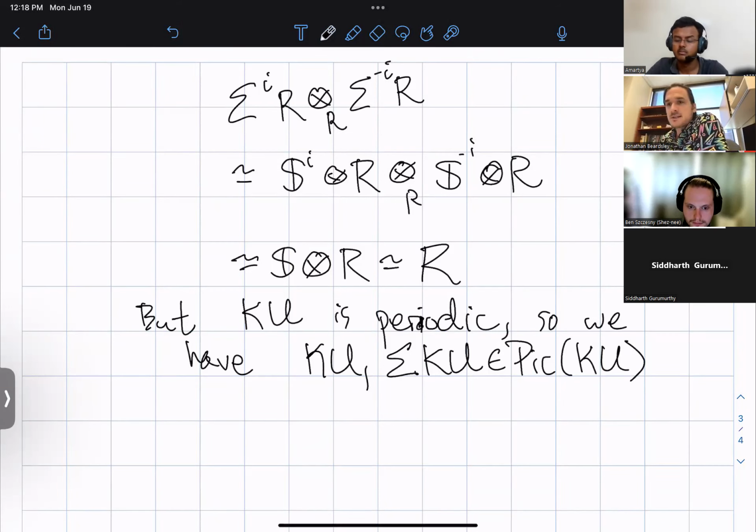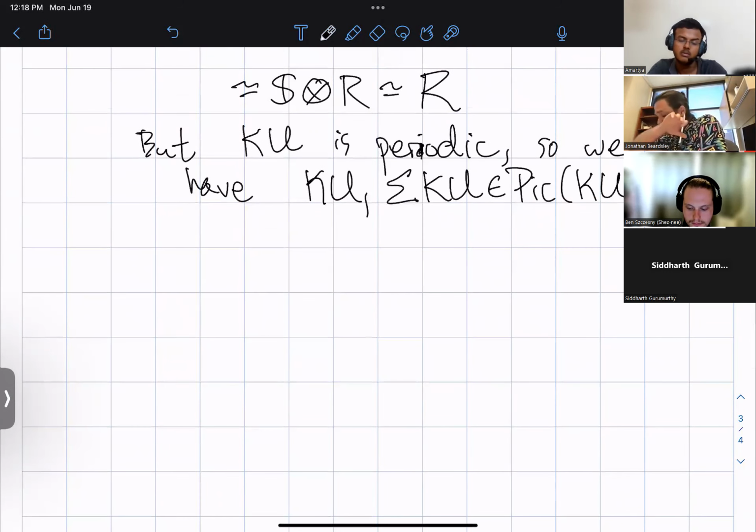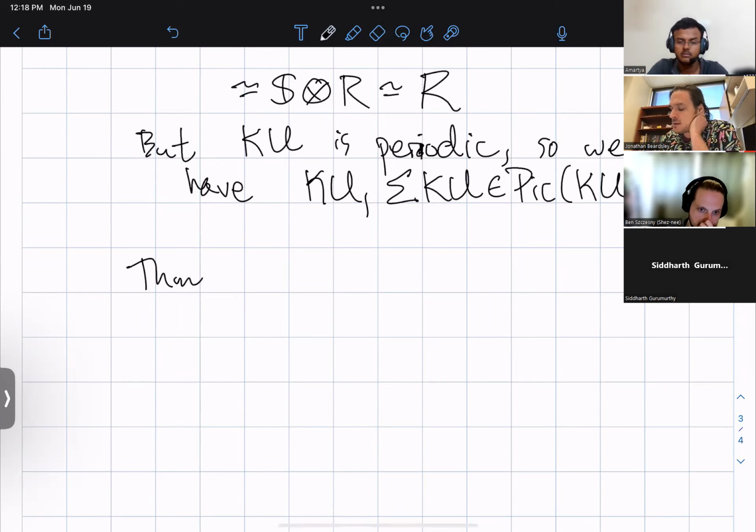So pic Ku has at least two objects. I mean, its pi 0 then has at least two elements as a group. And it's a theorem. I think this is probably a pretty old theorem.